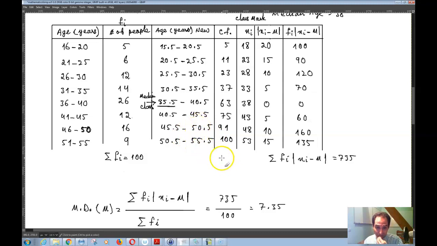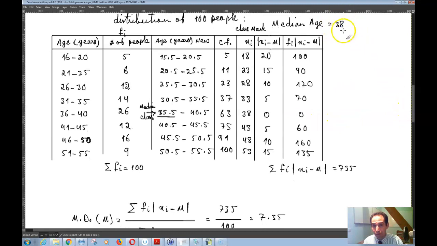Now the median of our data turned out to be 38. That means that out of all of these 100 people, about 50% of them are above 38 years old, and about 50% of them are below 38 years old.